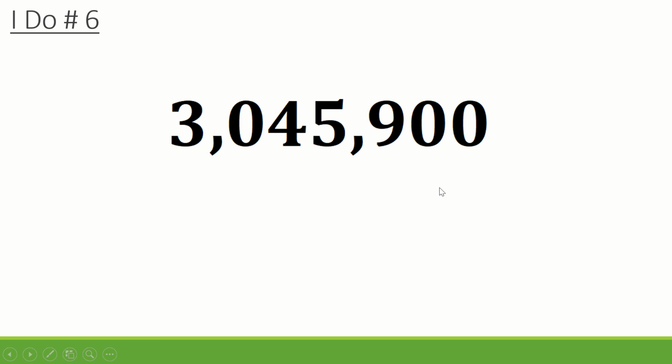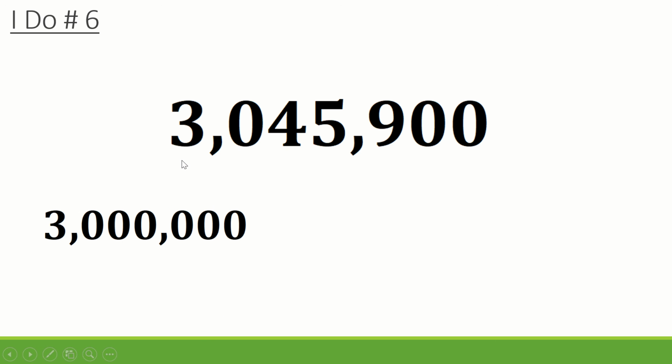And next we have a number that moves across into 3 periods. So we have our ones period, we have our thousands period, and we have our millions period. That 3 represents 3,000,000. I do not need to represent my digit in the 100,000s because it does not hold value.